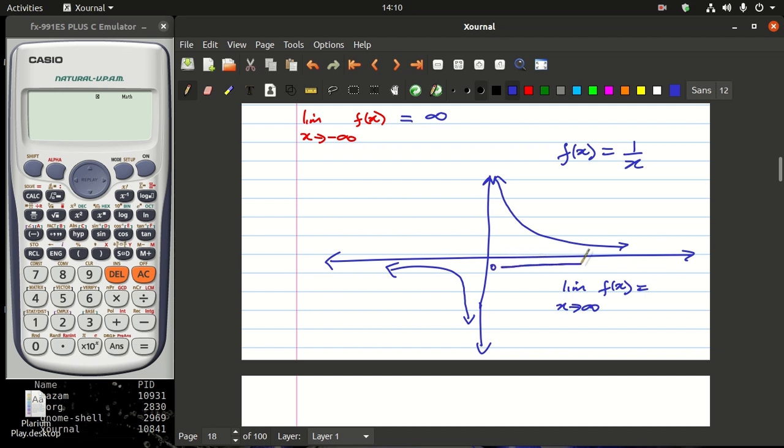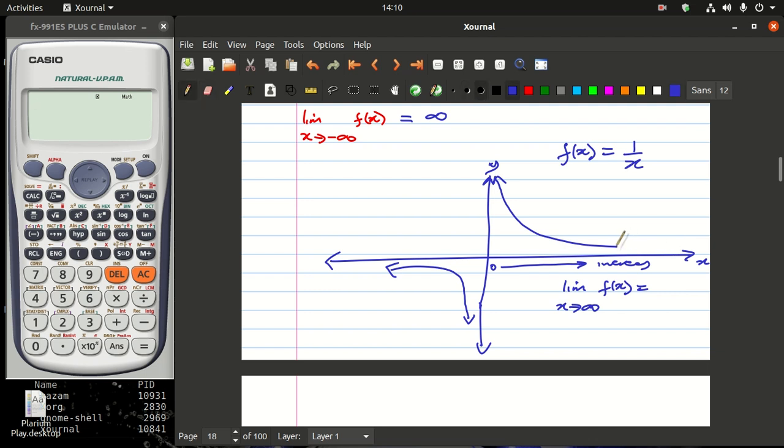The function is decreasing as I keep increasing x. I can see that the function is getting closer and closer to this x-axis here. So as I keep increasing x, this function is getting closer and closer to the x-axis.